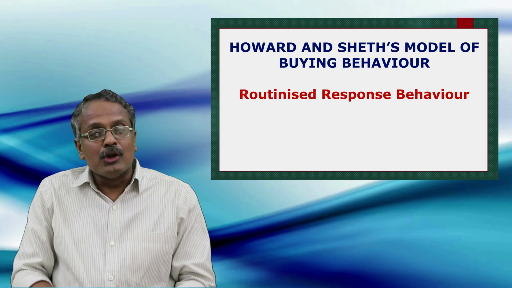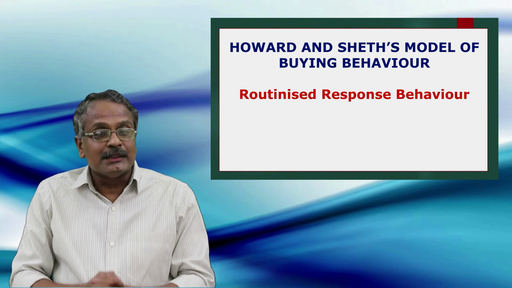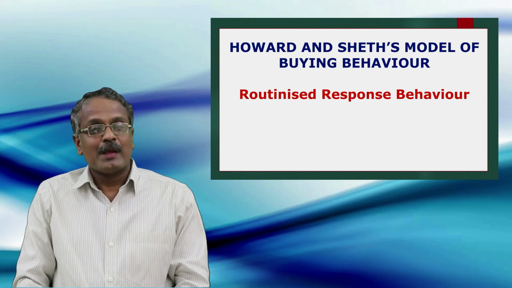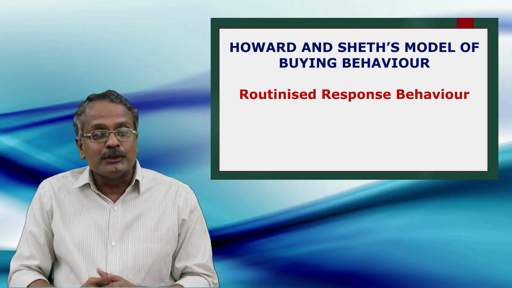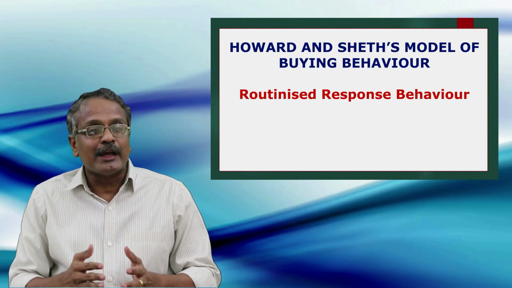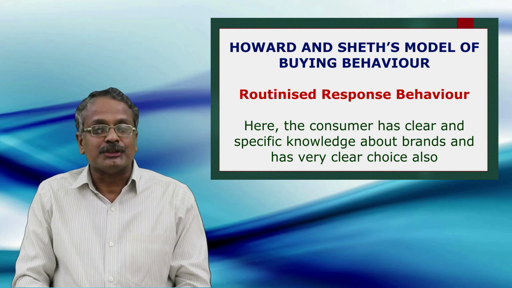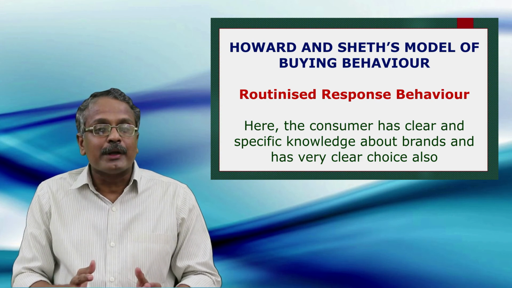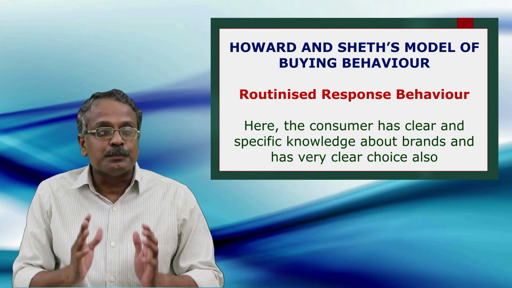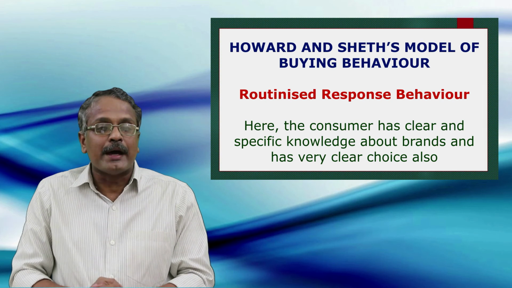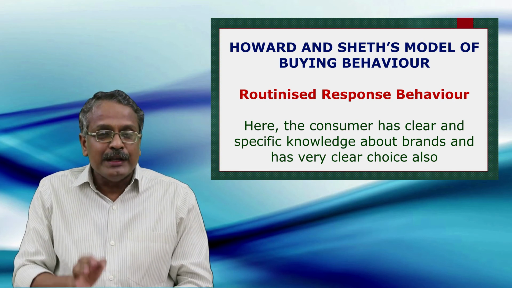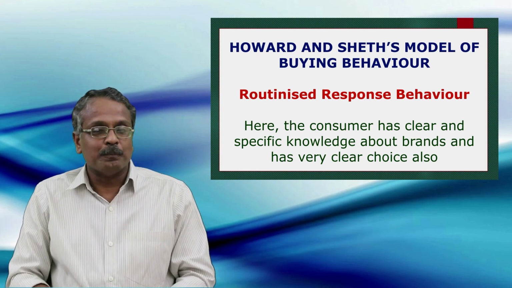Now, the third level of decision making, routinized response behavior. Under routinized response behavior, at first we can look at the consumer characteristics. Here the consumer has clear and specific knowledge about the brands and has a very clear choice also.